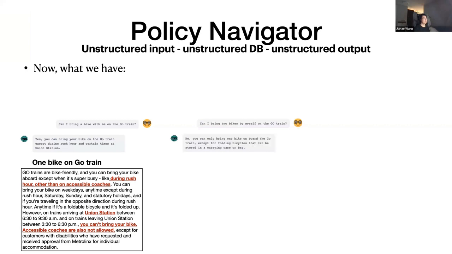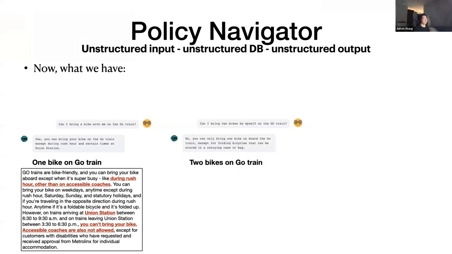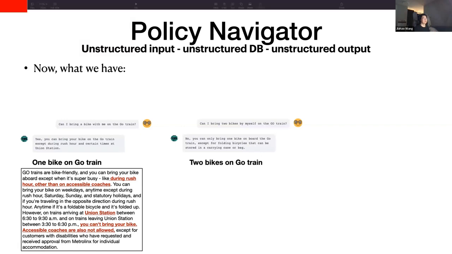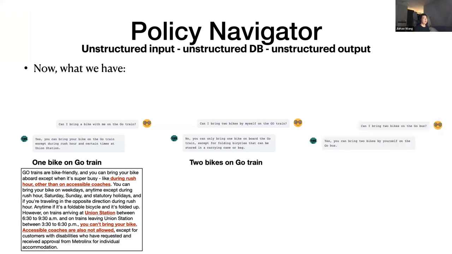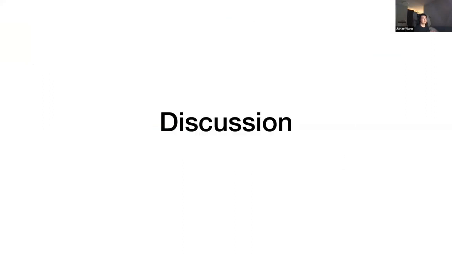If I change the question to, can I bring 2 bikes with me on the GO train, then the assistant answers no, because only 1 bike is allowed on board the GO train. But if I ask, can I bring 2 bikes on the GO bus, then it answers yes, because the policies on the GO bus and the GO train are slightly different, and the GO bus allows you to bring 2 bikes.